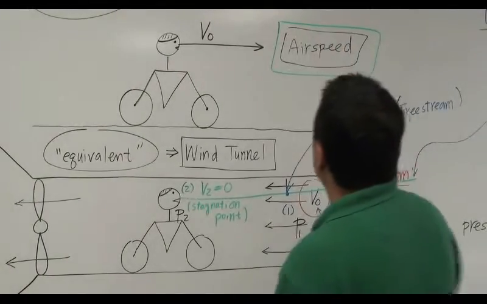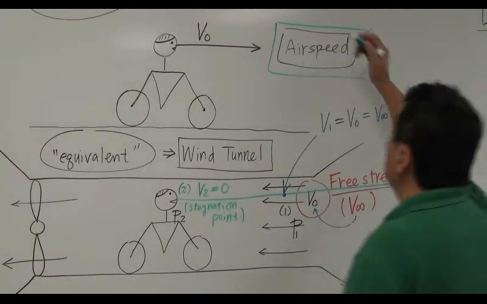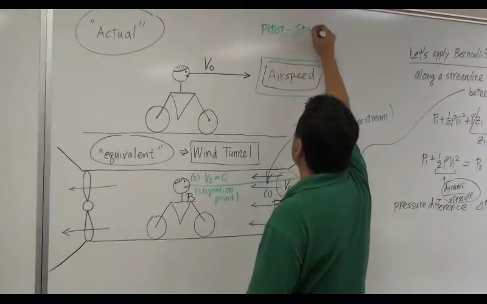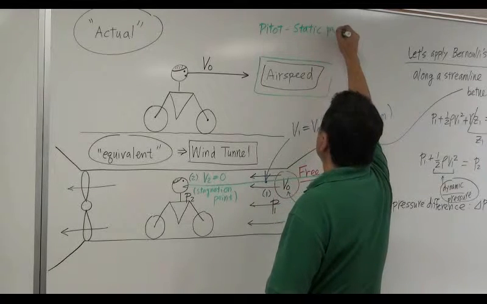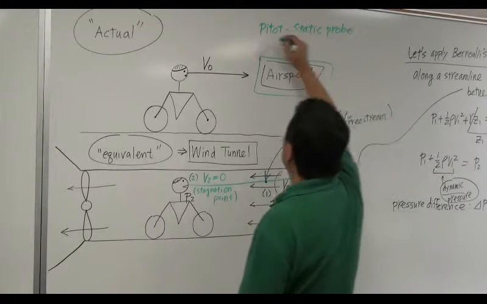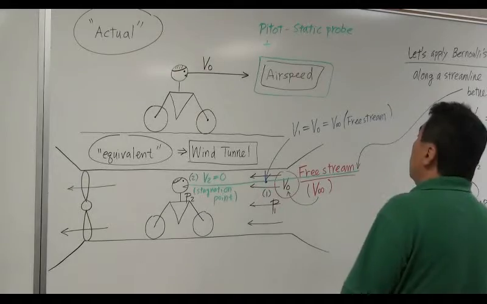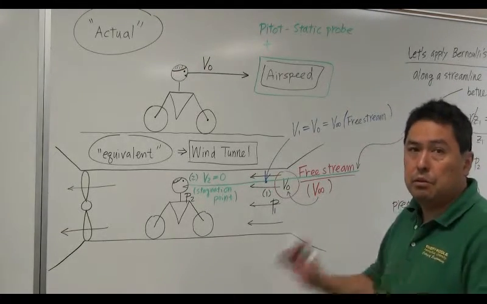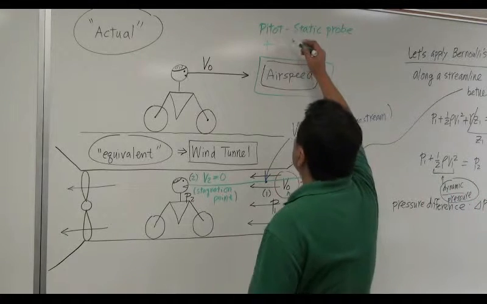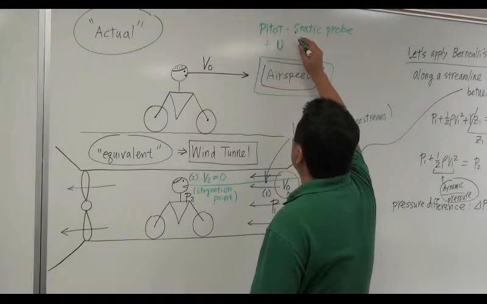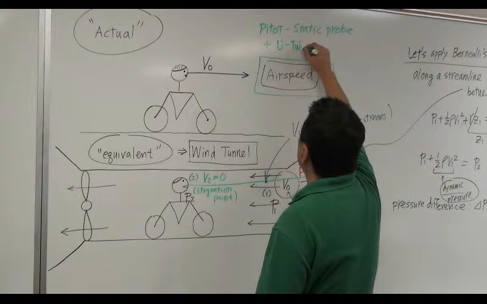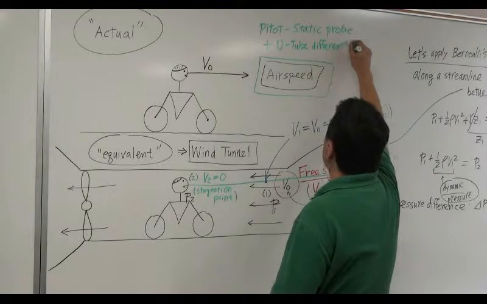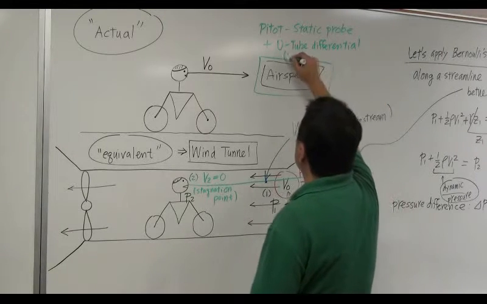Okay? So later on we are going to find out how to determine airspeed. We do have a device called a Pitot-Static probe, combined with some kind of device that can determine pressure difference between two pressure sources. What is that? U-tube differential, sometimes inclined.